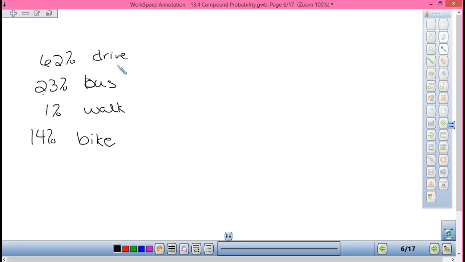Alright, so probability of either driving or taking the bus, so coming in a motor vehicle. Okay, if I'm using the word or, all I'm doing is adding them together.